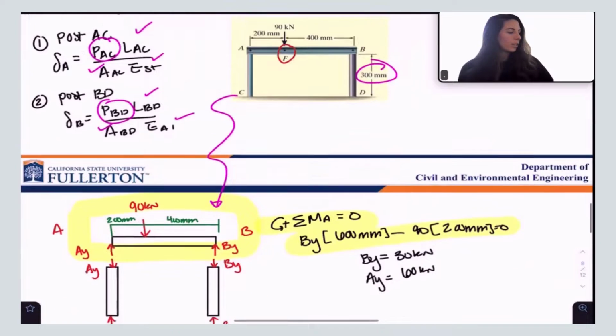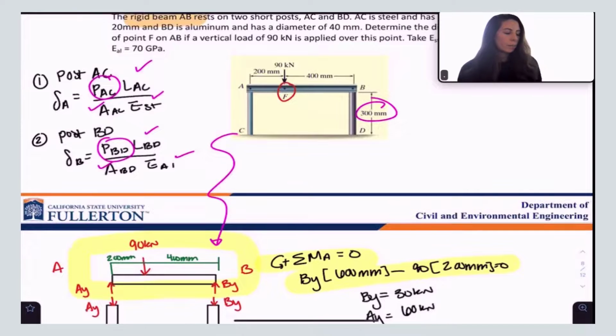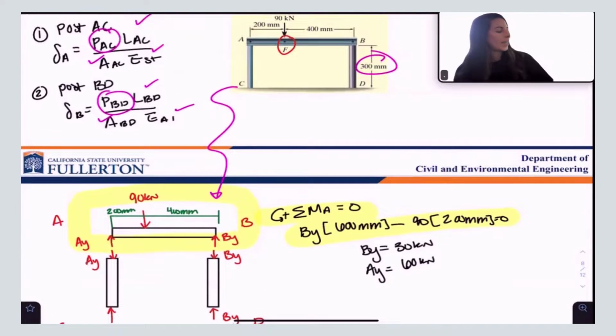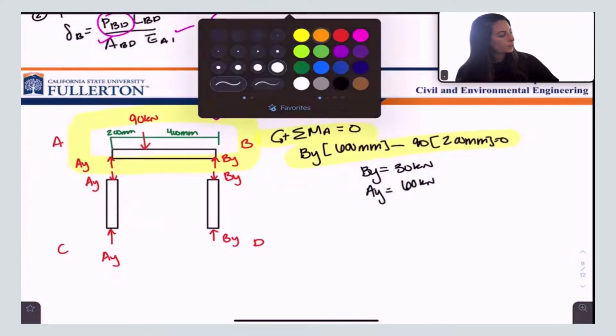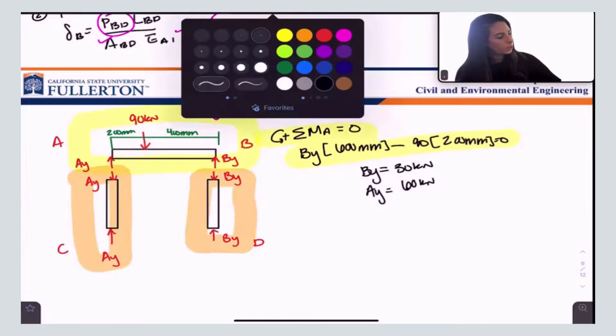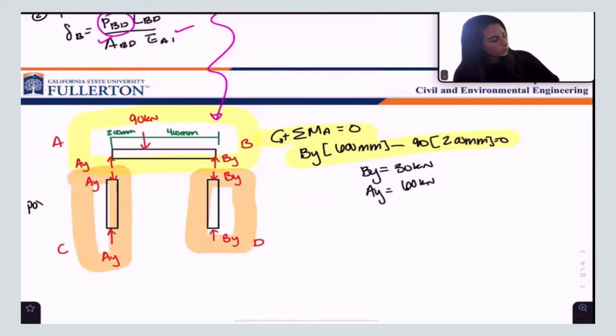Okay, so actually, coming back here, I now have PAC and PBD. So let's come back here. What is the axial load? Let me put this in a highlighted section here. This here is post AC.